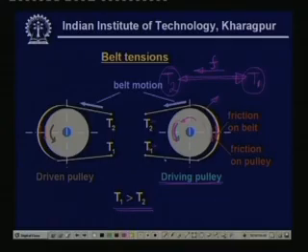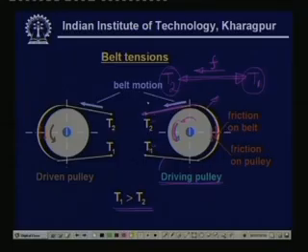In the similar manner, we call this the tight side of the belt and this the slack side of the belt. Now, you can see in this particular one that the slack side of the pulley drive has been kept on the upper side.